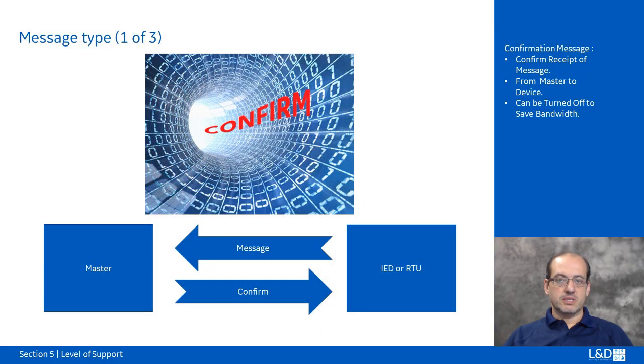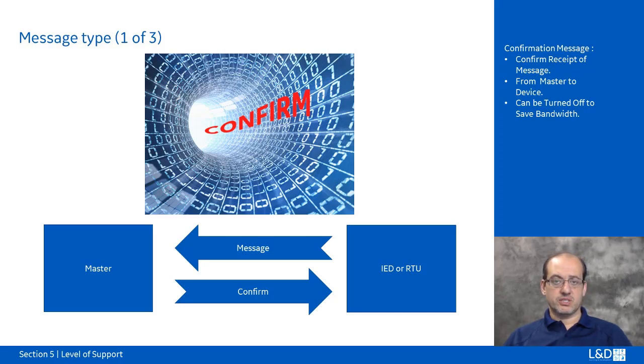The confirmation message is sent between the master and the outstation, informing the device in the field that the master has received the message. This confirmation is sometimes handled at the data link layer, and it could be handled by other layers, but it can be turned off if the device does not require it.